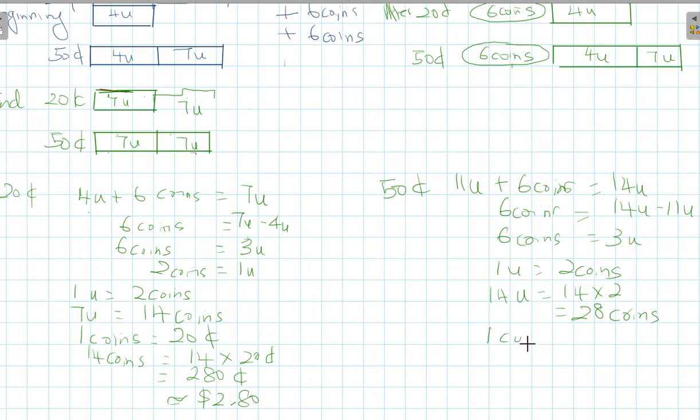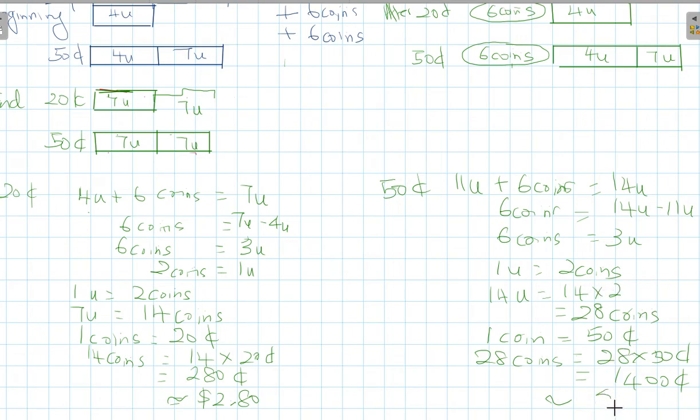So 1 coin equals to 50 cents. 28 coins will be equals to 28 times 50 cents. And then it will become 1,400 cents, which is, wait, let me, 28 times 50, yeah, 1,400.